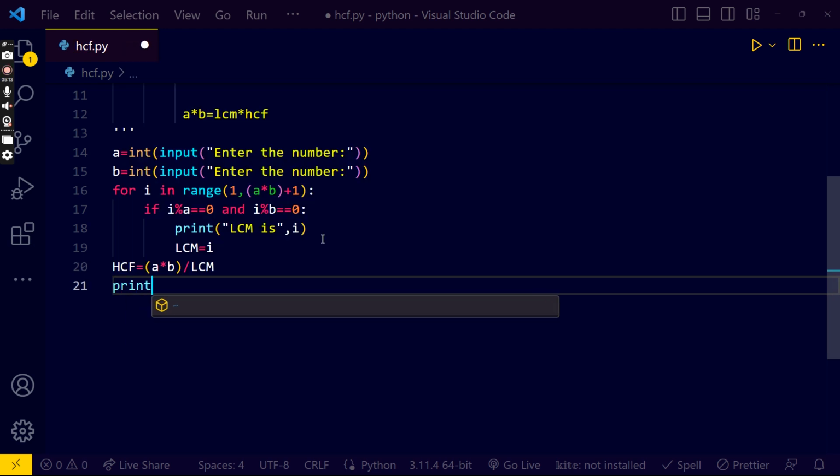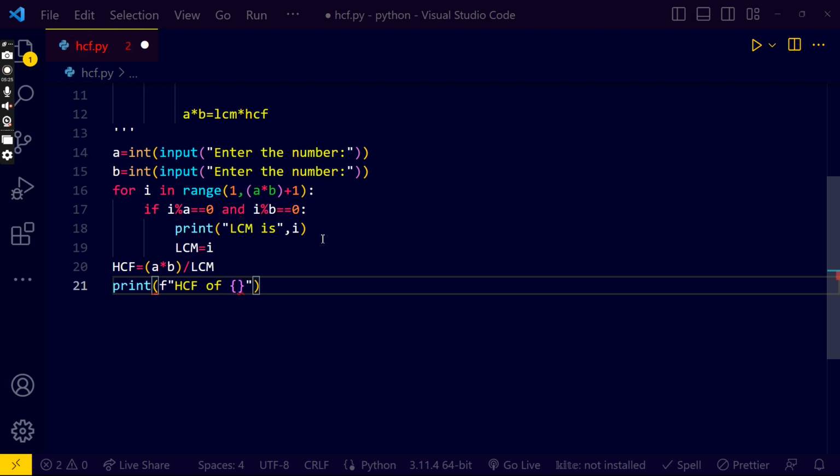Now print the string: HCF of A and B is HCF.